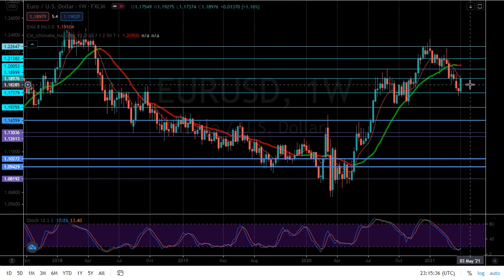For this pair, I'll be looking to see more bullishness. First of all, I expect a slight retracement to the downside, maybe a 50% retracement to about the 1.1840 area, and a move to the upside.